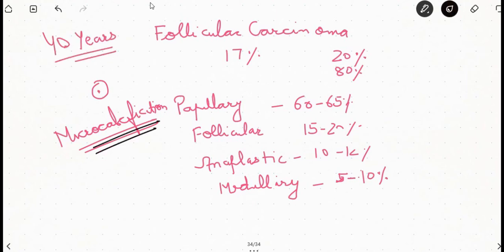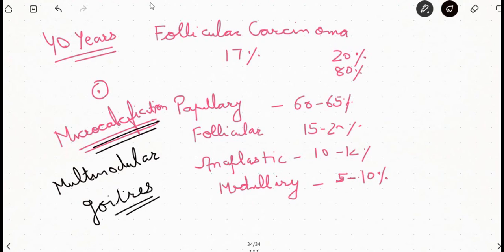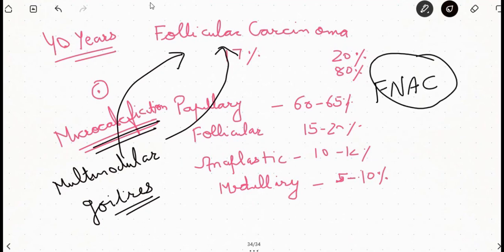So remember, in case of long-standing multinodular goiter, if the goiter is rapidly growing or has restricted mobility, follicular carcinoma can be considered. So what are the investigations? Routine investigation, ultrasound scan, FNAC of the nodule. Remember, the FNAC cannot differentiate a follicular adenoma from the follicular carcinoma. Treatment consists of total thyroidectomy.